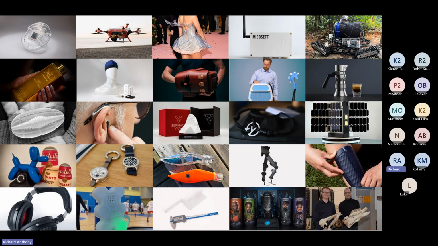The picture in the middle at the top, that's a 3D printed dress that someone wore at the Met Gala in New York a few years back. So it's really using the process to make artistic pieces. So it's a whole range of different sorts of products, different sorts of industries.